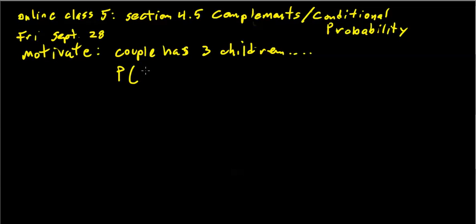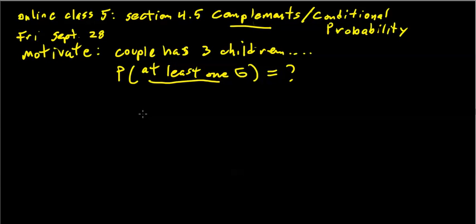Find the probability that at least one of those children is a girl. The key words here are at least one, and we're going to use the principle of complements to find probabilities of this type in the at least one situation.